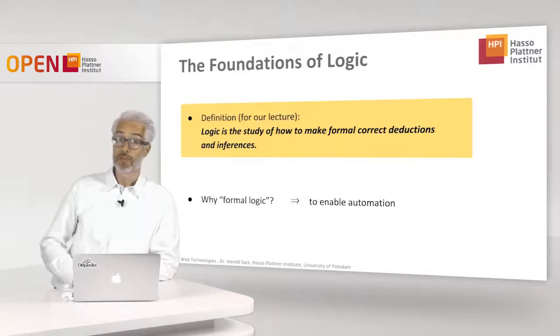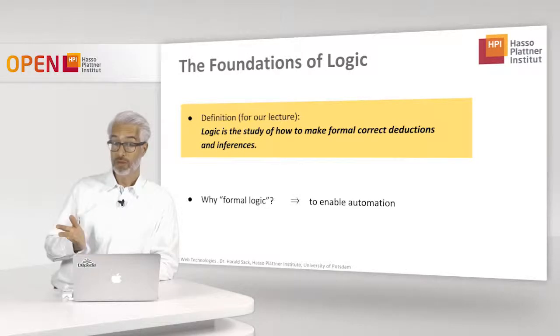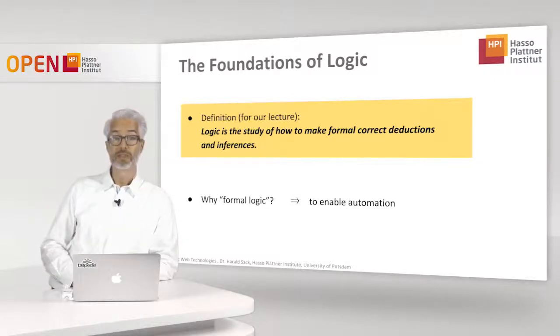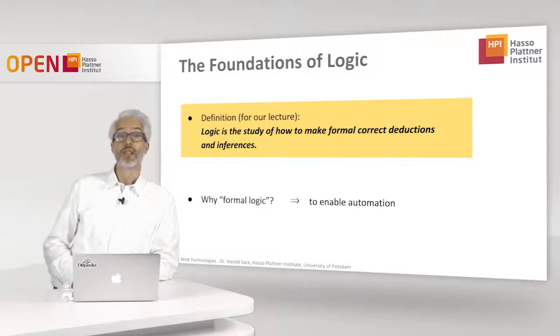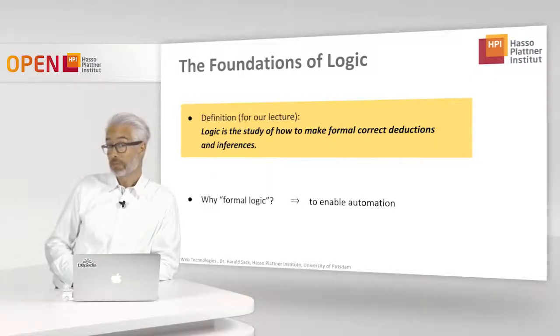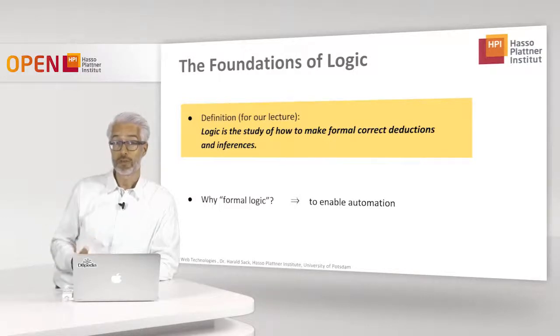For that, of course, we have to define logic, and there are many definitions. For our course, let's stick to this one, the definition for our lecture. Logic is the study of how to make formal correct deductions and inferences. This is absolutely important simply because we want to deduce or infer new knowledge from existing knowledge.